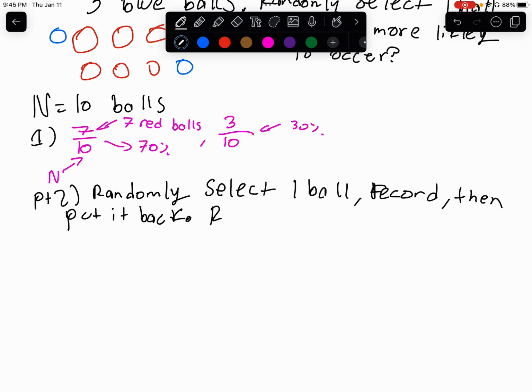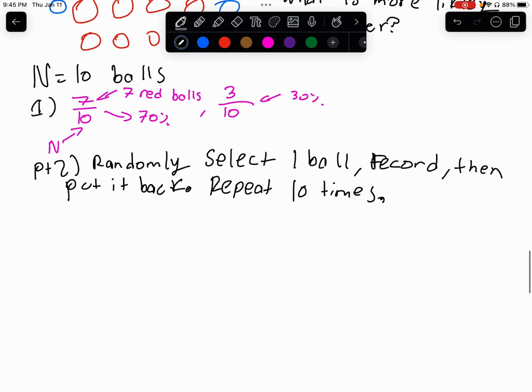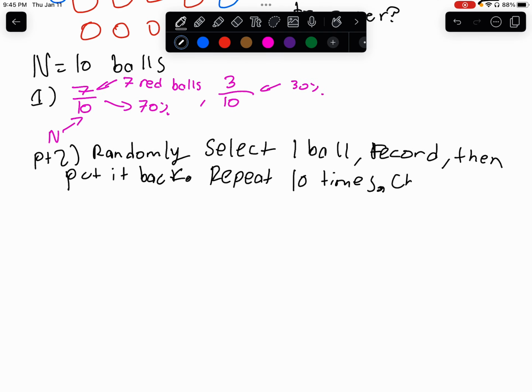We repeat this 10 times. So we pick a ball up, put it back down 10 times. The chosen are the following.